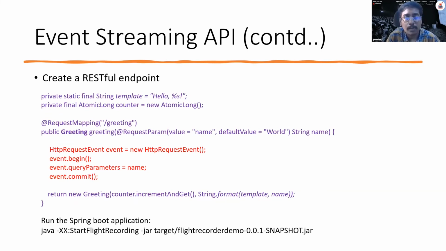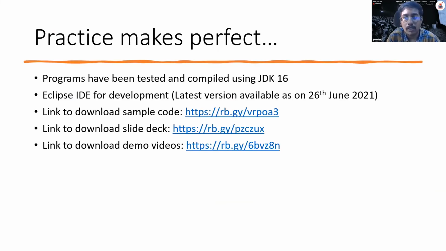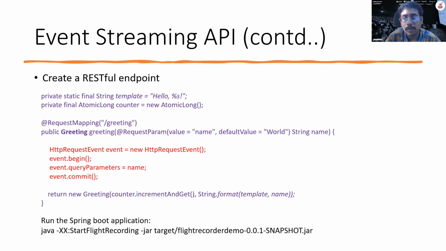So I mentioned how the event streaming API would be created, and one could start that once the event streaming API has been used and the classes have been created.